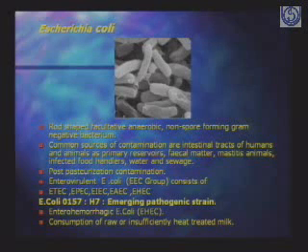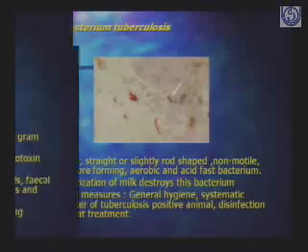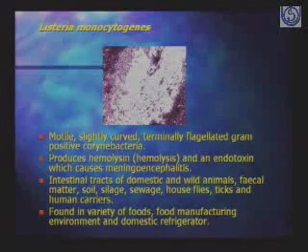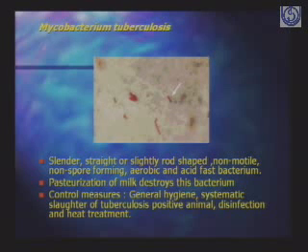A strain of E. coli, that is E. coli O157:H7, is an emerging pathogenic strain. We have Listeria monocytogenes. This is also responsible for certain outbreaks associated with milk and milk products. Mycobacterium tuberculosis is a bacteria which is acid-fast in nature and currently used as an index of pasteurization.